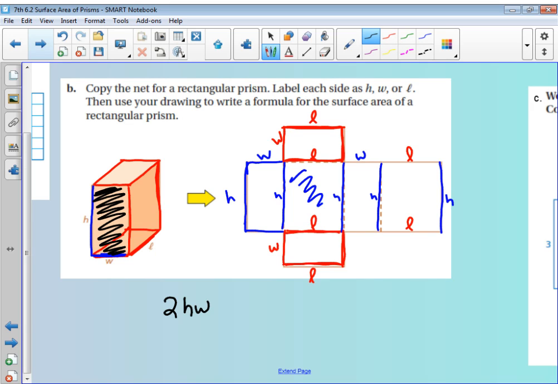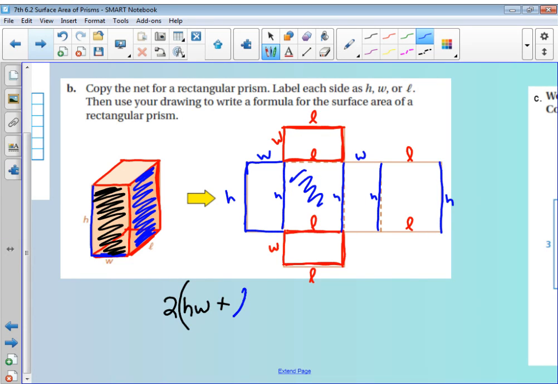Okay, and then when I'm done, I'm adding all of these together. So I could add all 6 of them together, or I could go 2 times my front, which would give me the back. So I'm just going to take 2 times each of these. I also have, for this side right here, my length and my height, and I've got 2 of those.